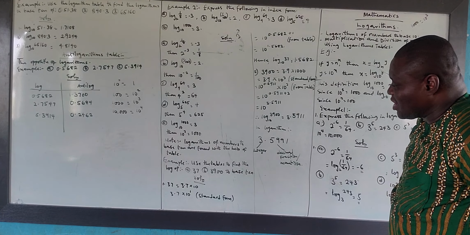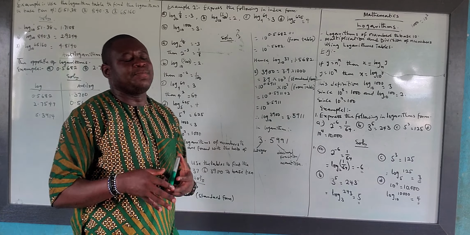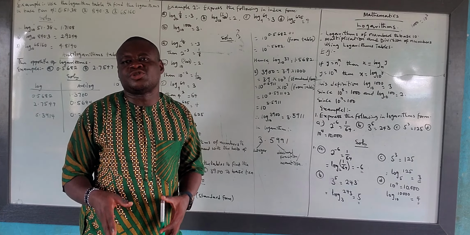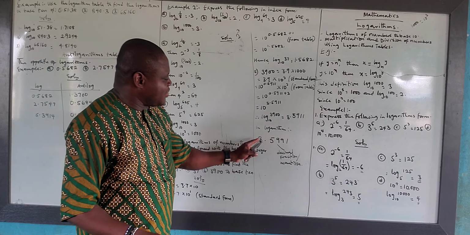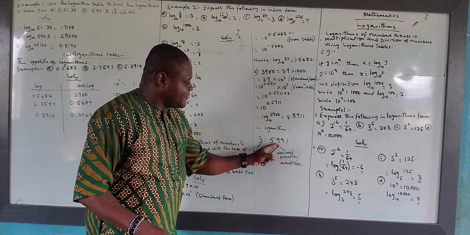So now, in logarithm, there are definitions. For us to identify the numbers in logarithm, there are ways of identifying them. If we don't want to call them by their position, we call them by the names of the position where they were standing. How do I mean? Let us see. Here we have 3.5911.